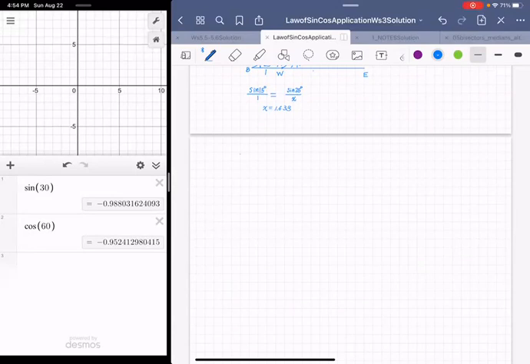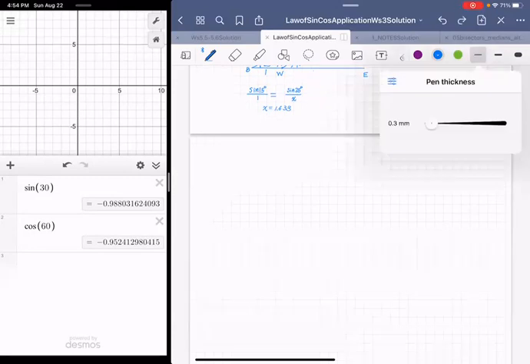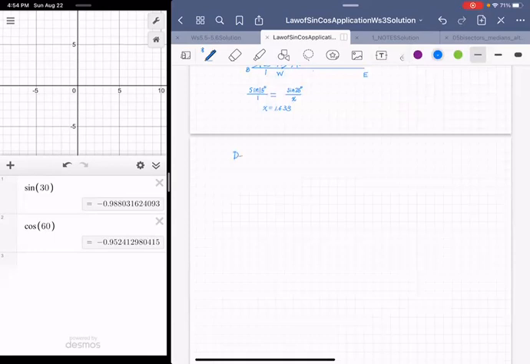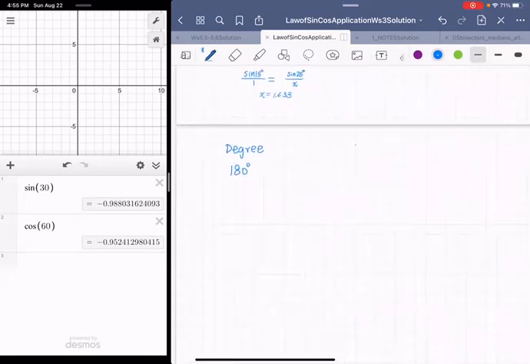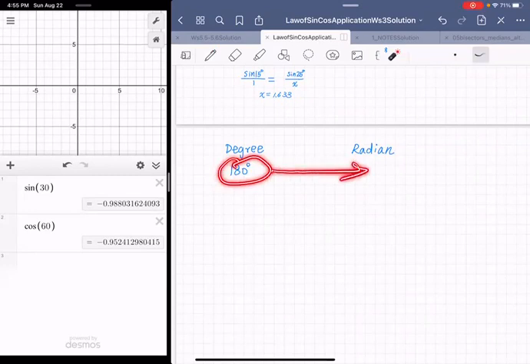Let's see. If I choose degree, that means I can choose like 180 degree, 90 degrees, 30 degrees, those things. The radian, can you tell me, Brian, 180 degree corresponds to how much in radian? Go ahead. Brian, are you there?